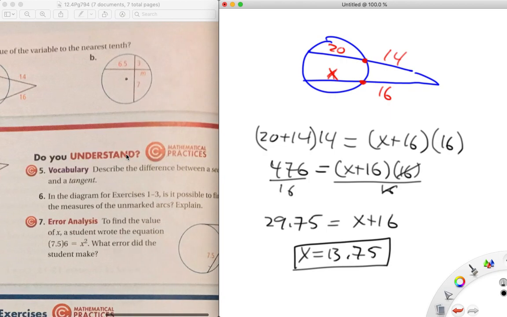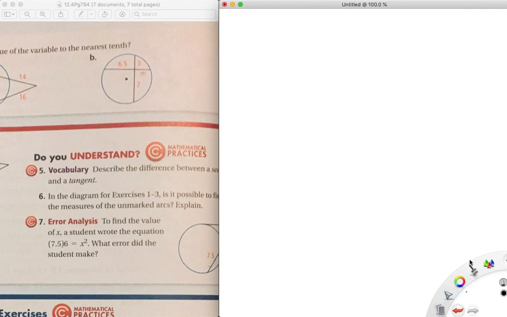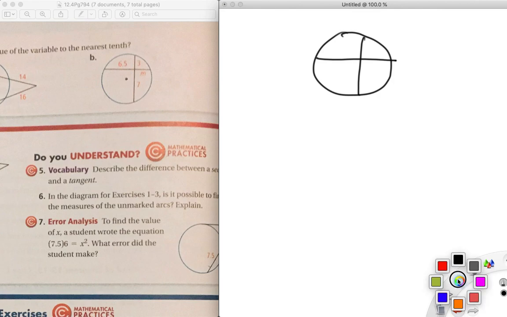Here, this is case number 1. Here I got that, so this is going to be 6.5 and m. This is going to be 3 and 7.